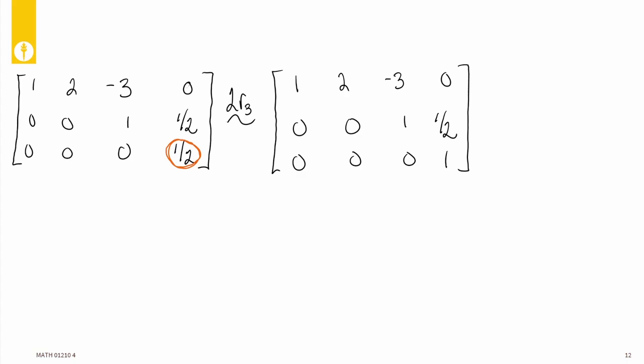That algorithm guarantees you get a row echelon matrix. That is not the only way you can do it.